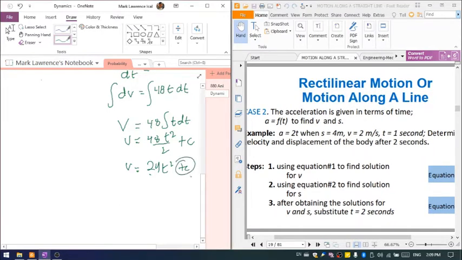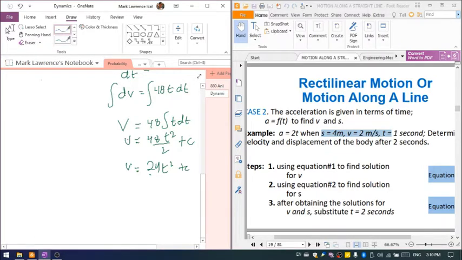We have to find the value of c. Now to do that, we use the set of values that was given to us. For example, displacement s is equal to 4 meters, velocity is 2 meters per second, and time is equal to 1 second.